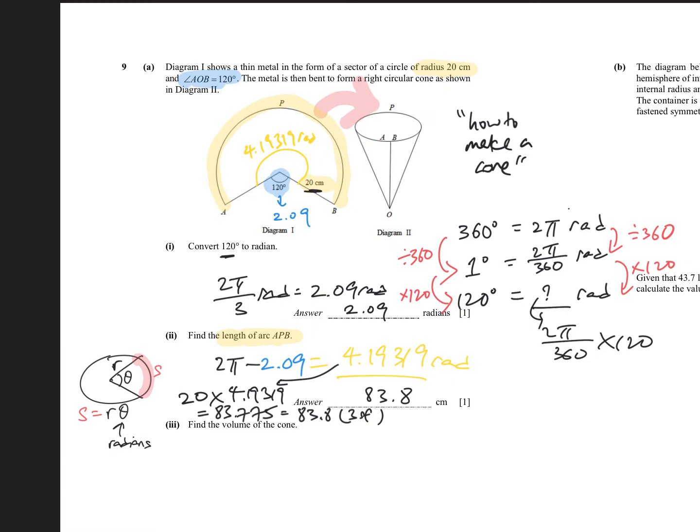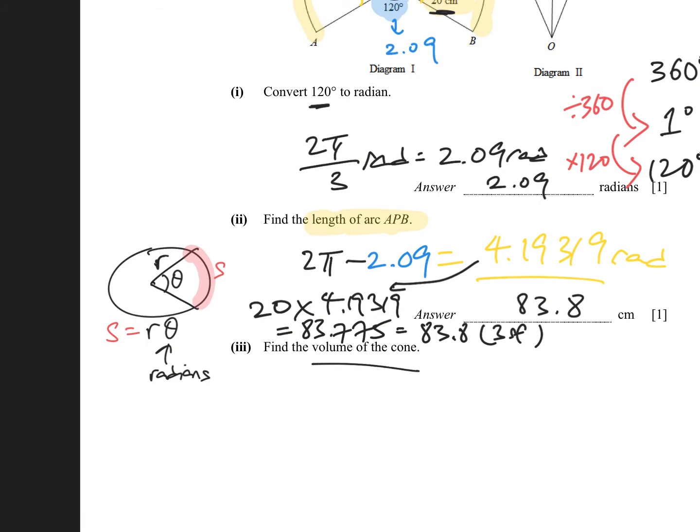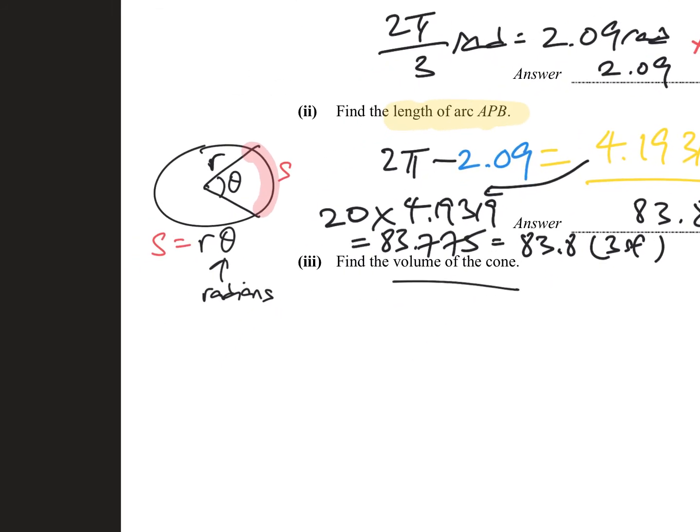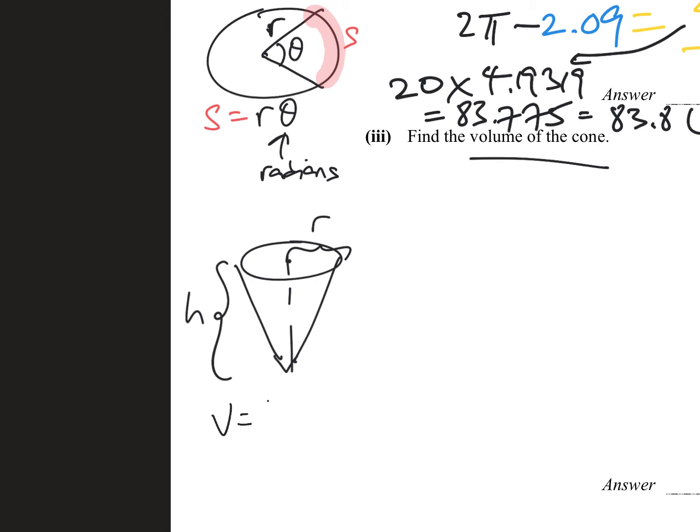Cool. Now we want to find the volume of the cone in part III. So let's just write down what we know about the volume of a cone. For a cone with radius r for the circle on top and vertical height h, the volume is equal to 1 over 3 pi r squared h.